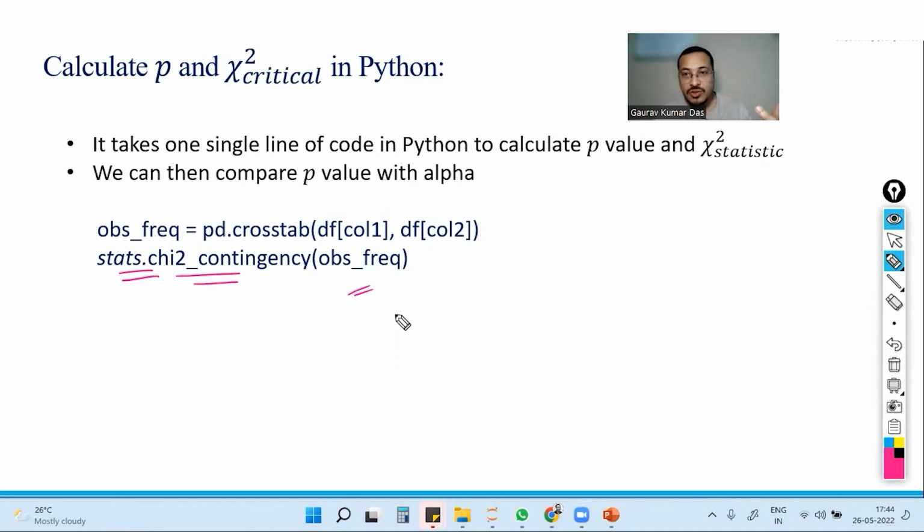In the previous question, the frequencies were given to us already, so it was a theoretical question. But in the real world, whenever you have a data set, the frequencies will not be given to you. We have to calculate the marginal frequencies using pandas.crosstab. Suppose I give an example: I have one column which says employee attrition, with values 1, 0, 1, 0. 1 means the person has left the company, 0 means the person is still in the company.